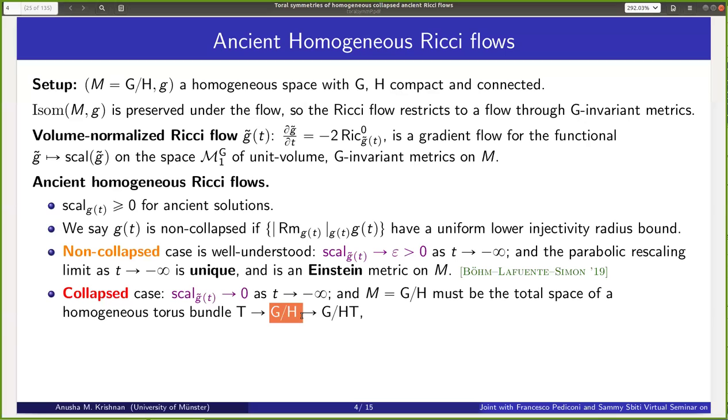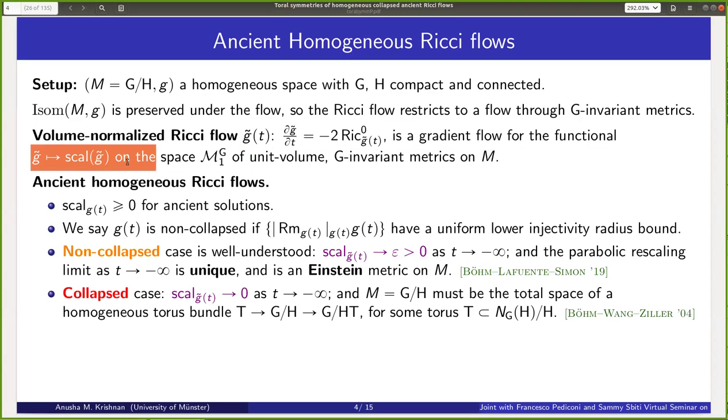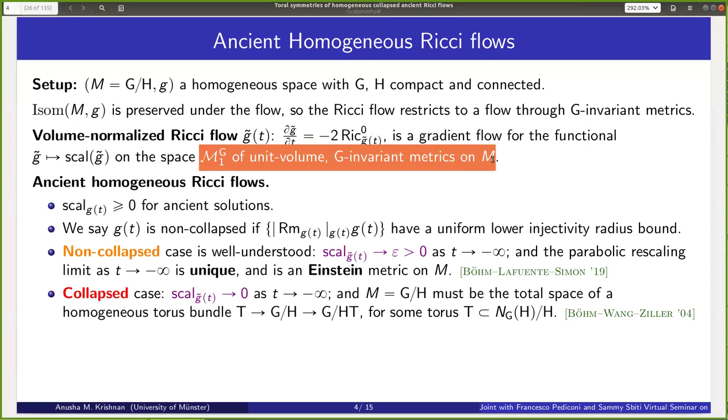So the manifold G mod H must fit into this structure of a homogeneous torus bundle, where T is some torus inside the normalizer of H mod H. Okay, so this collapsed case corresponds to 0 Palais-Smale sequences for this functional on the space of unit volume G invariant metrics.